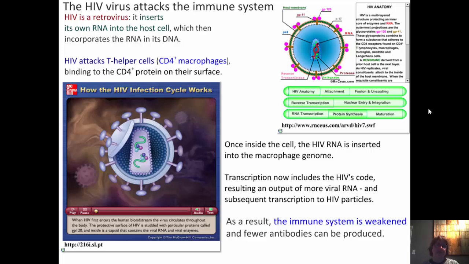They're a particular type of macrophage. You don't really need to understand their process. You need to understand that they are macrophages, and they are the specific cell that is attacked by the HIV virus, or the human immunodeficiency virus.